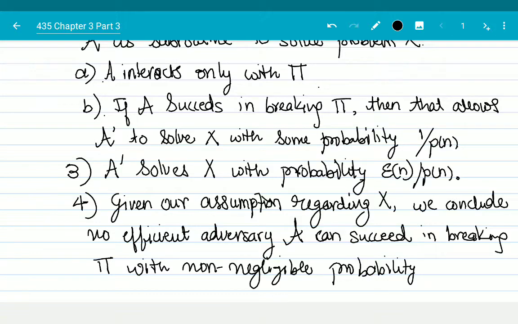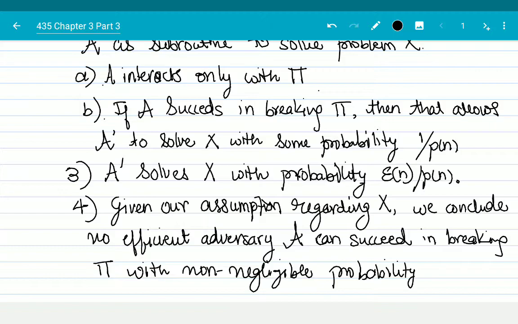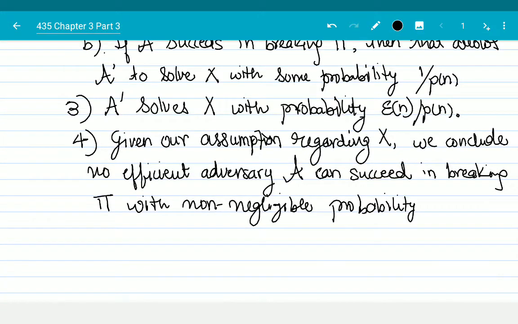Okay, that is one approach, which uses a different problem X that we are attacking. Another approach is to attack the pseudorandom generator itself.